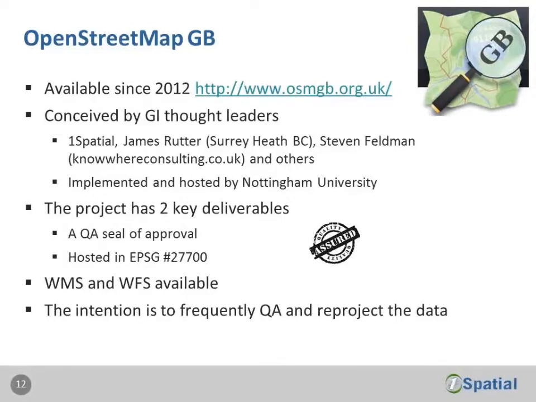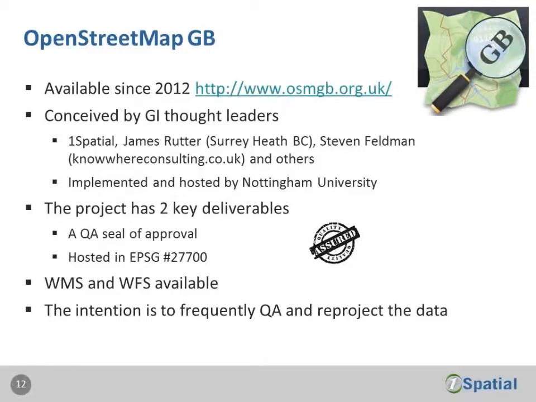And this is really a project that is attempting to deliver a number of things, notably essentially a QA stamp of approval to the OpenStreetMap data, as well as reprojected data.